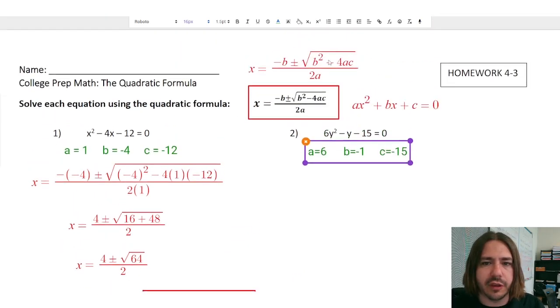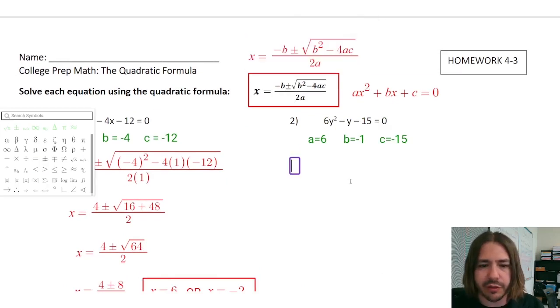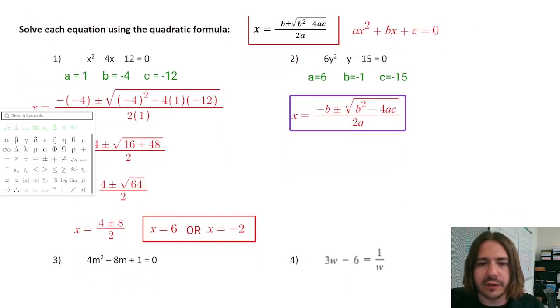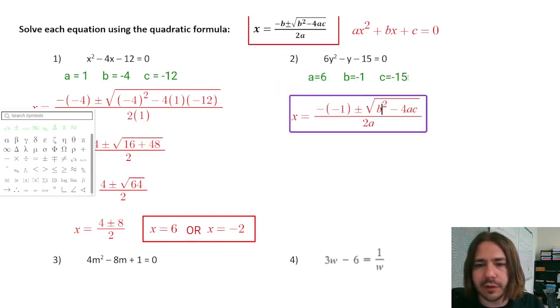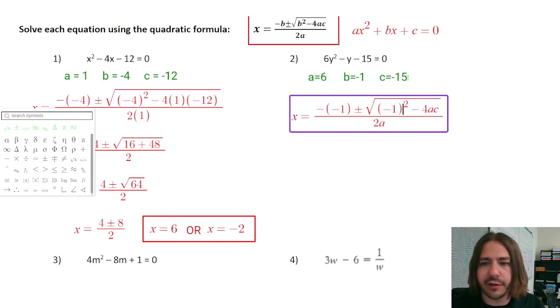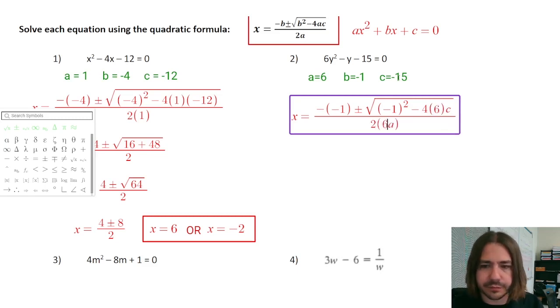Now I'm going to use the good old-fashioned quadratic formula up here and replace A, B, and C with their corresponding values. So B here is -1. Get another -1 over here. Let's see. A is 6. So we'll put that here and here. And then finally, C is -15.